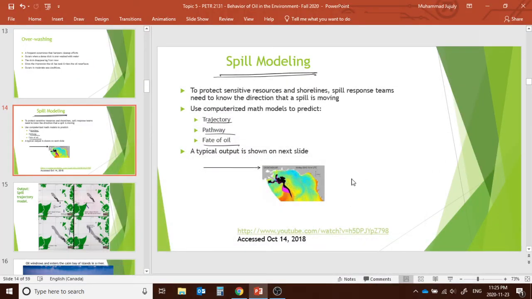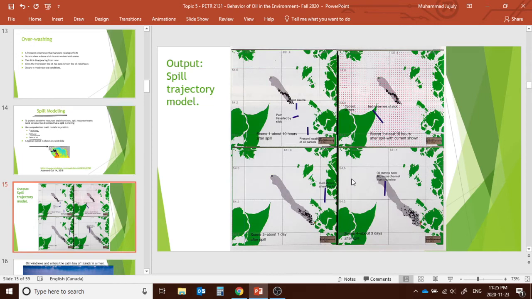So what have we seen? We have seen how the oil trajectory actually works. We have seen a good example of the BP Deepwater Horizon, and how the oil trajectory actually works. For instance, in here, as you can see, this is one of the outputs showing how the oil spill works. This is the occurrence area. From this source the spill actually happened.